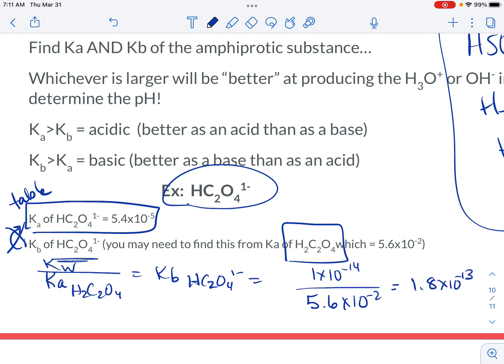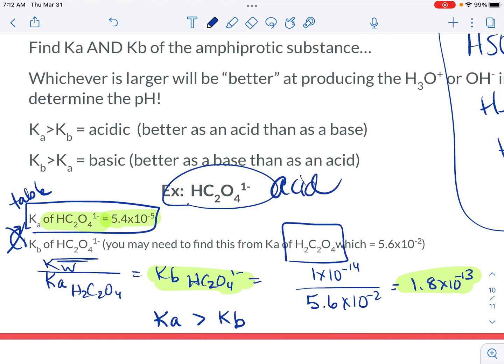So right now you can see right away that the Ka of this ion is 5.4 times 10 to the negative fifth, and the Kb of this same ion is 1.8 times 10 to the negative 13th. And since its Ka is greater than its Kb, this ion is an acid.